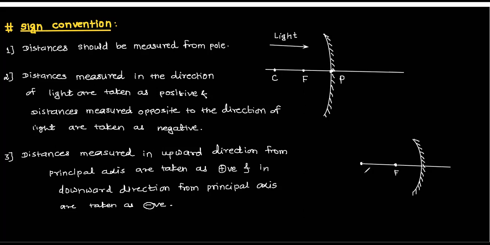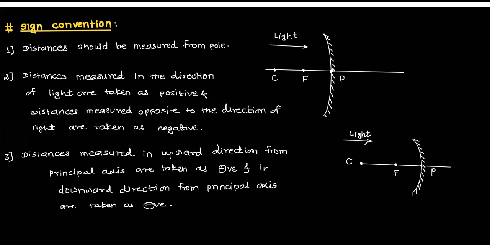This is F, and this is the center of curvature. Here this is the light direction. I will tell you how we use sign conventions. This is the light, and this one is the pole.